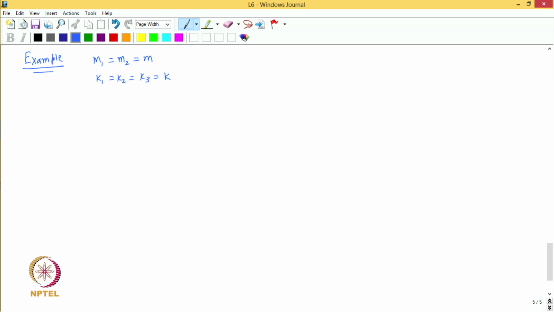So, if that is so, what is going to be the eigenvalue problem? The eigenvalue problem we had was K minus lambda M, right, times A equals zero.